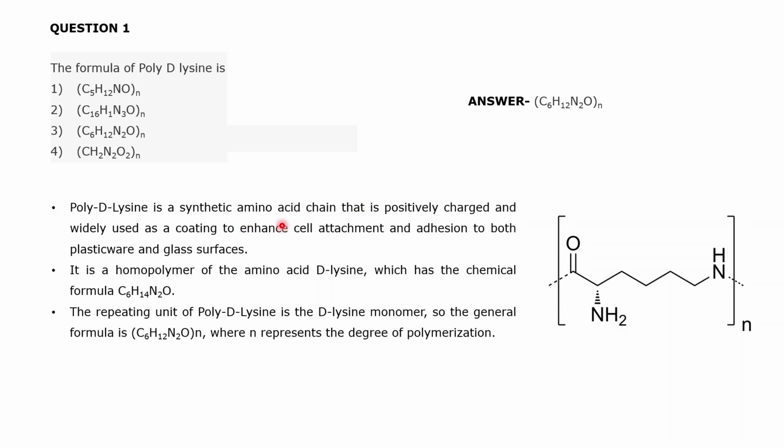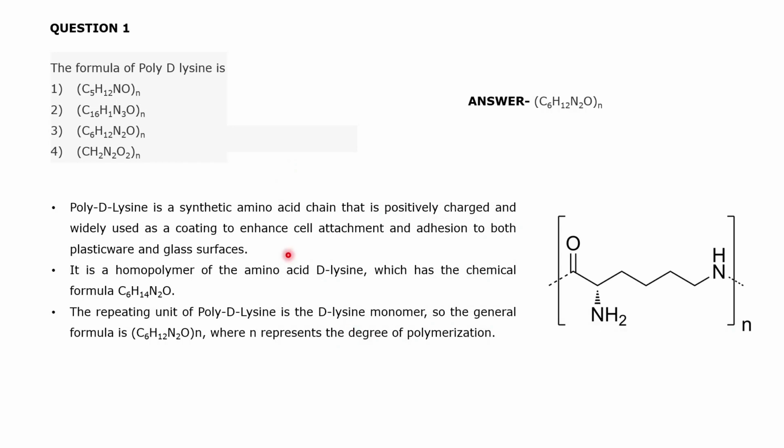If you are using a cell culture plate and the cell is an adherent cell type, it needs to adhere to an extracellular matrix to show cell attachment as well as proliferation, so this type of extracellular matrix is needed. In case of a non-adherent cell type, it is not needed. So poly D lysine is a kind of synthetic extracellular matrix that is used for coating the cell culture plate and so on.